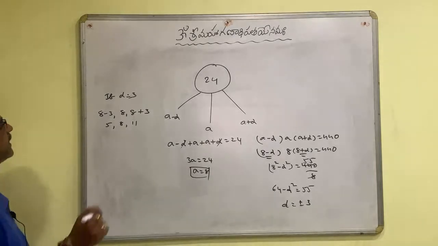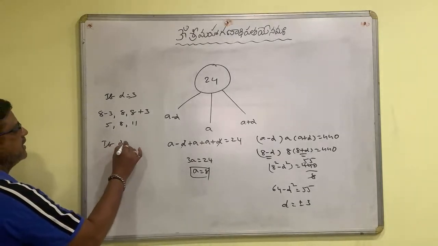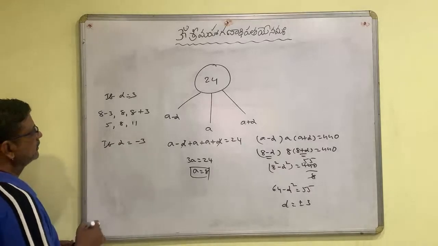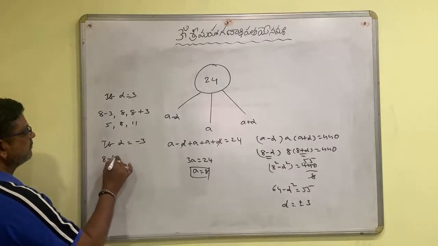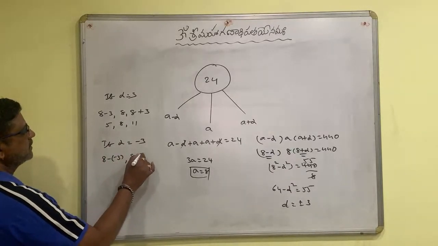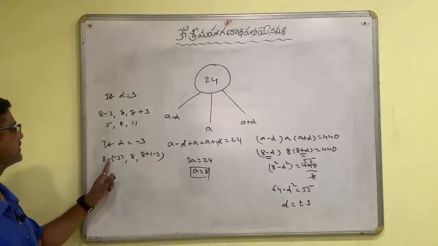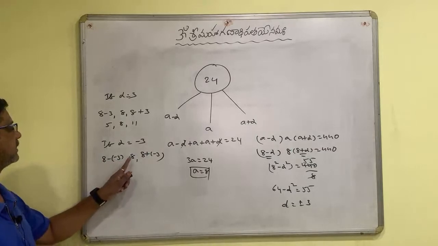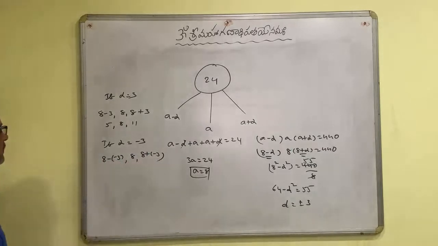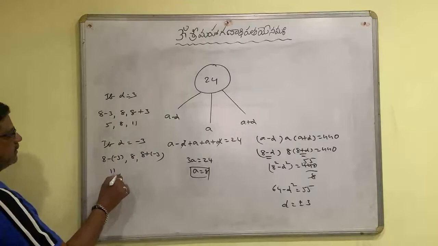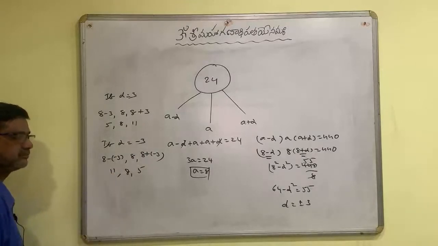Now, if we consider D as negative 3, then 8 minus of minus 3, 8, 8 plus minus 3, a minus d, a, a plus d. So here it becomes 11, 8, 5.